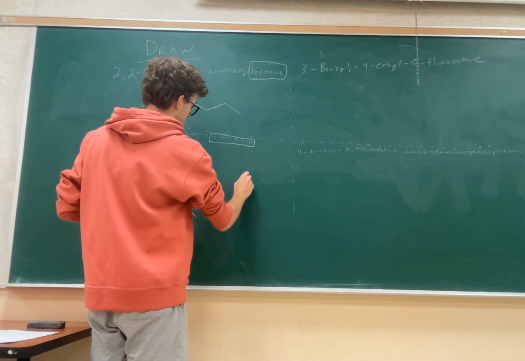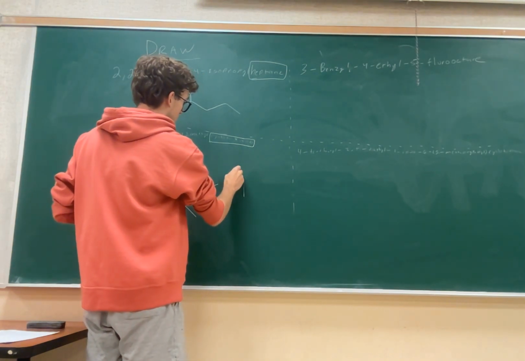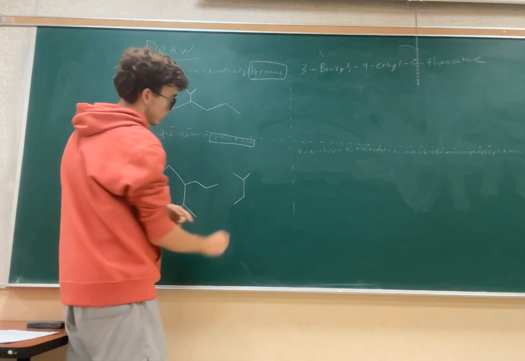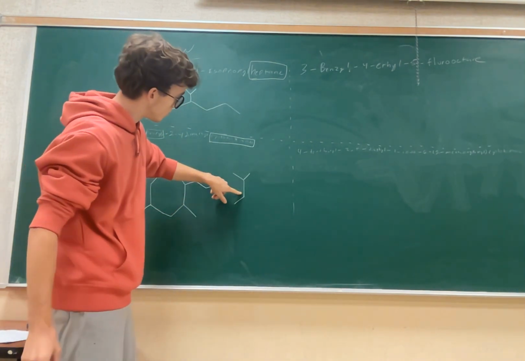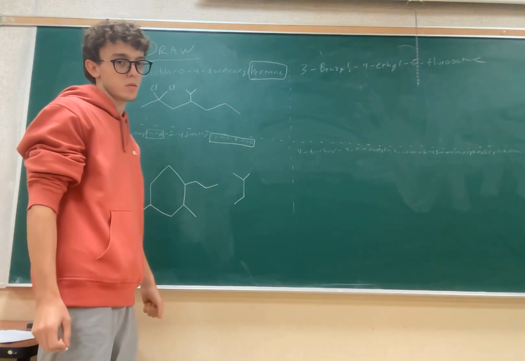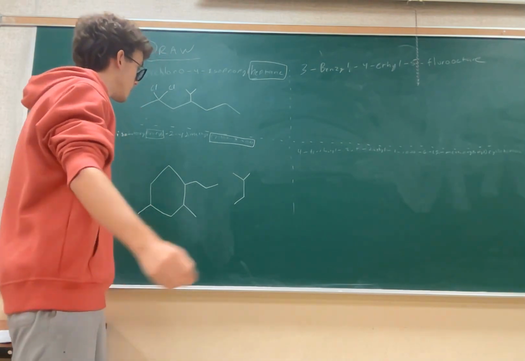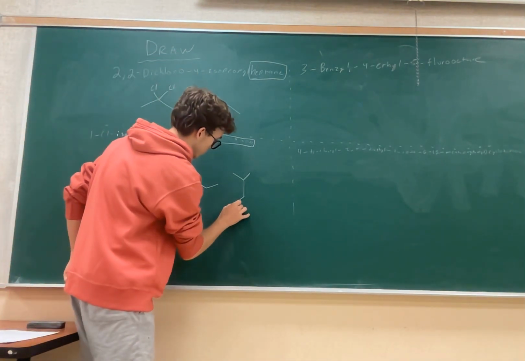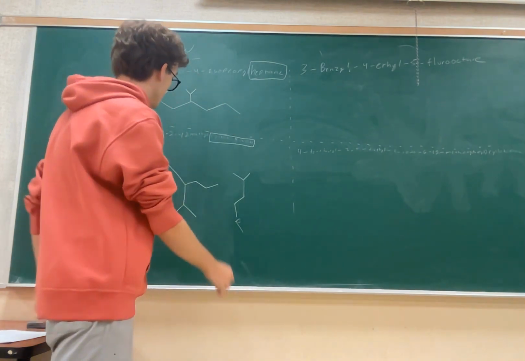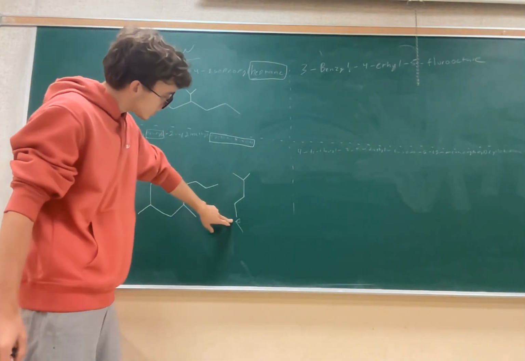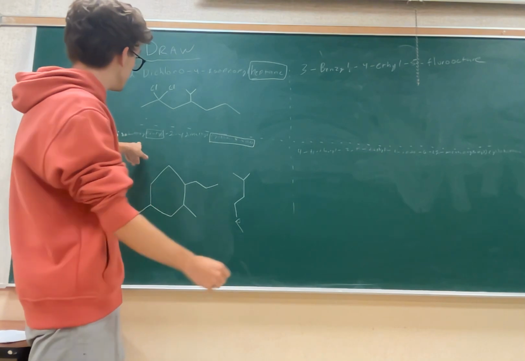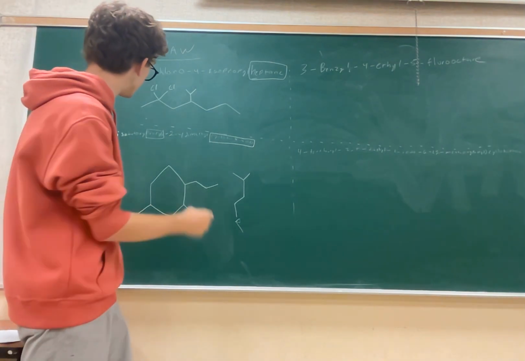Well, that's quite simple. Isobutyl is like the propyl group, but it has an extra carbon like that. Kind of like isopropyl, we have another carbon to add to it. And then this would be connected to R. R in this case is going to be oxygen because we have the oxy suffix to it.